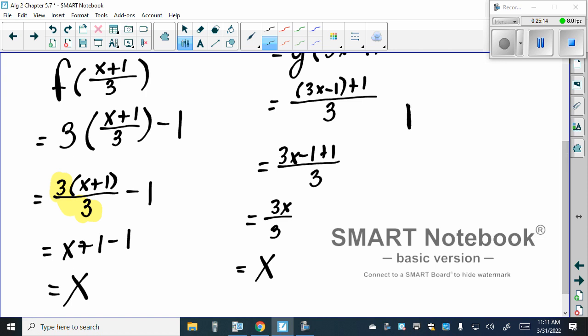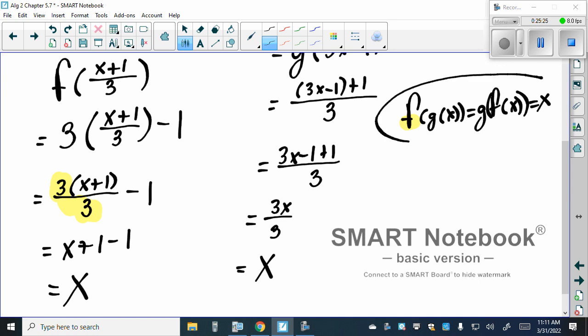Because f of g of x is equal to g of f of x, which is equal to x. And as I said the other day, there is a certain group of functions whose composites would be the same, and inverses are them. Inverses are the main time that the composites both work.